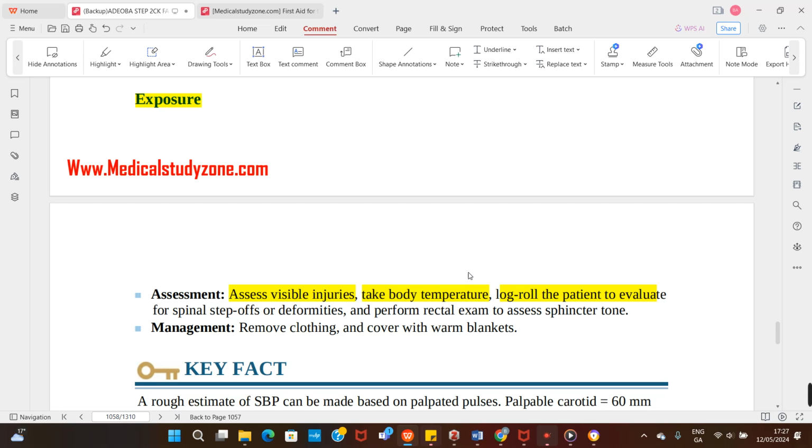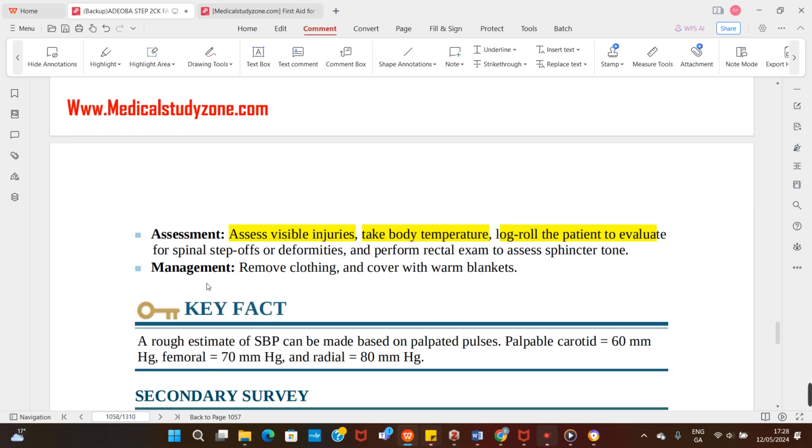On the command of the individual doing the cervical stabilization, you roll the patient to a side, maybe the right side, and somebody palpates the spine along the cervical spine downwards to see if there's any step-off injury, any fracture, any tenderness around that area. From there, you can pick up any step-off injury, deformities, maybe a vertebral compression fracture, a spondylolisthesis from the trauma. That's part of what you do in exposure.